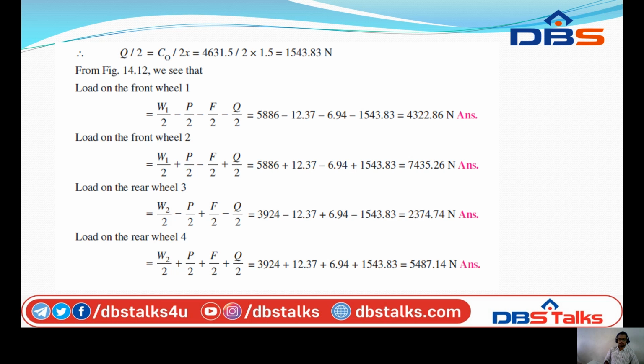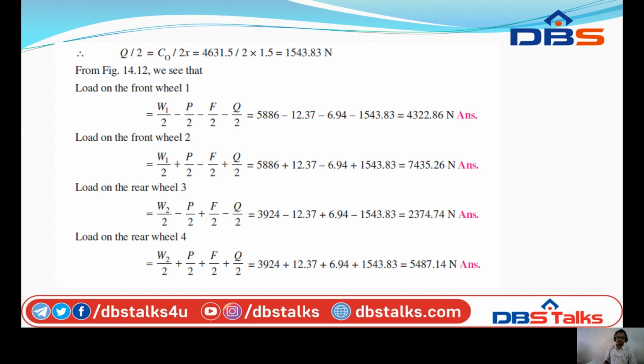So three positives, W1 by 2 plus P by 2 plus Q by 2 minus F by 2. So the front wheels always have the negative of F, that is the magnitude of this reaction on each wheel, F by 2.